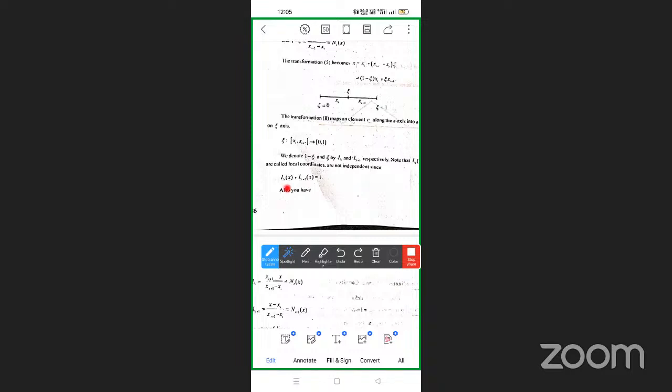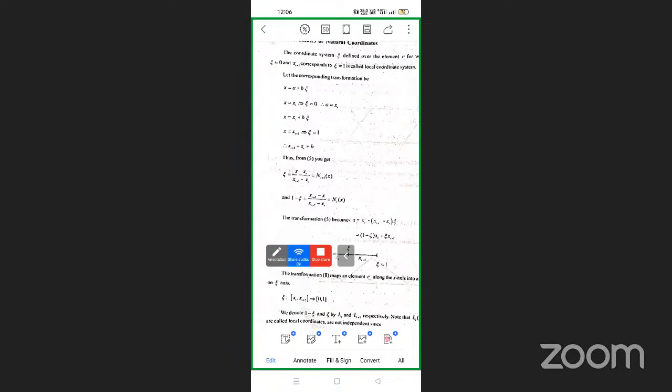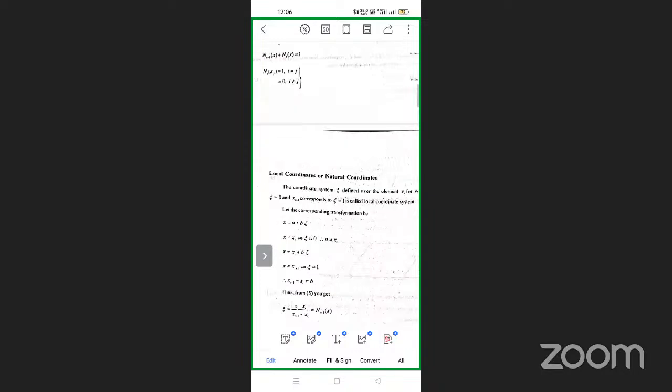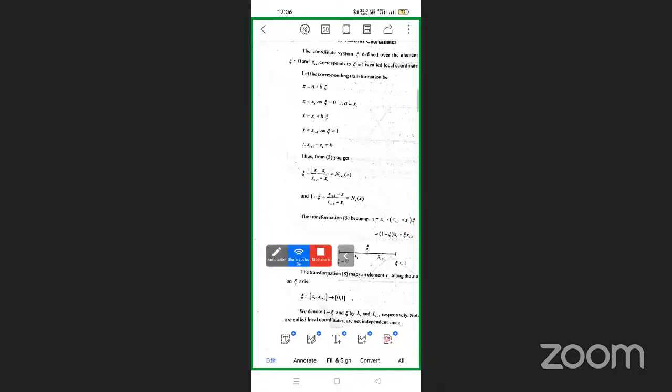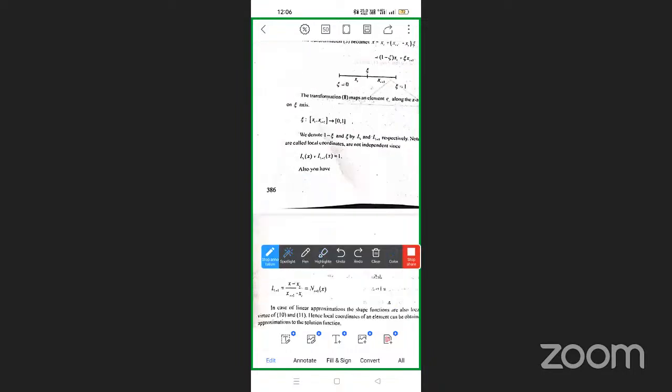Therefore L_i of x plus L_{i+1} of x is equal to 1, based on the previous example. Similarly, L_{i+1} of x plus L_i of x is equal to 1. Same formula, but in place of the shape function here we are defining L.